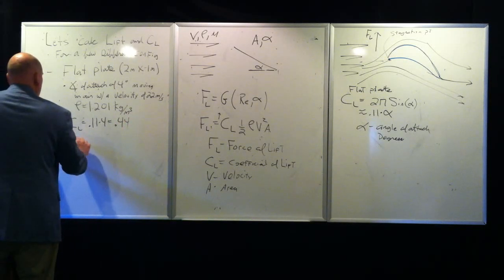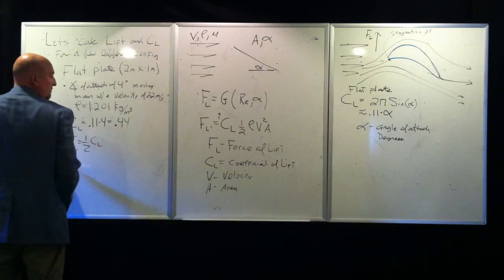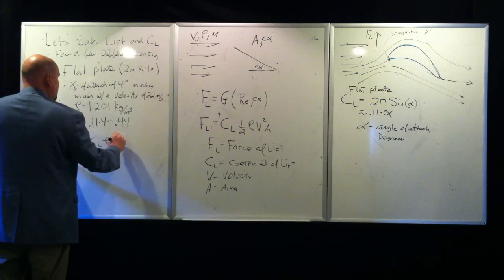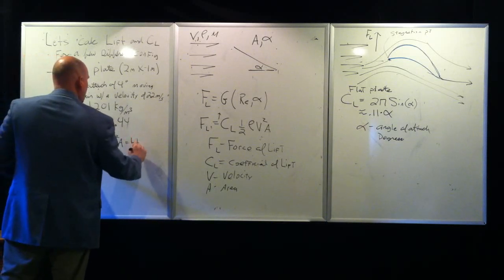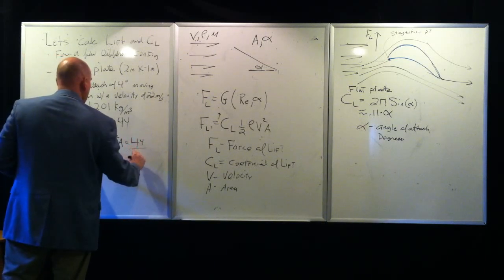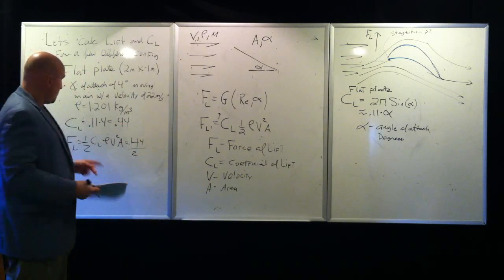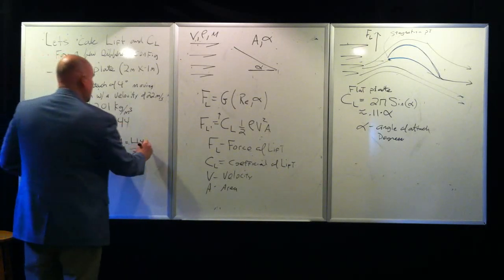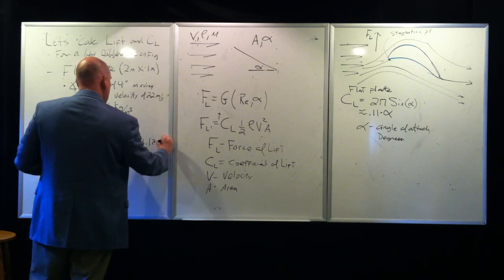Now we can calculate the force of lift. The force of lift is going to be 1/2 the coefficient of lift, rho v squared A. 0.44 divided by 2, where 0.44 is our coefficient of lift and the 1/2 out in front. The density is 1.201. The velocity is 22 squared.